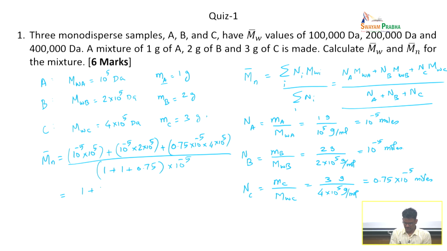So, you get 1 plus 2 plus 3 into 10^0 over 2.75 × 10^-5. So, this is 6 by 2.75 × 10^5. So, this means that the number average molecular weight would be 2.18 × 10^5 Daltons.